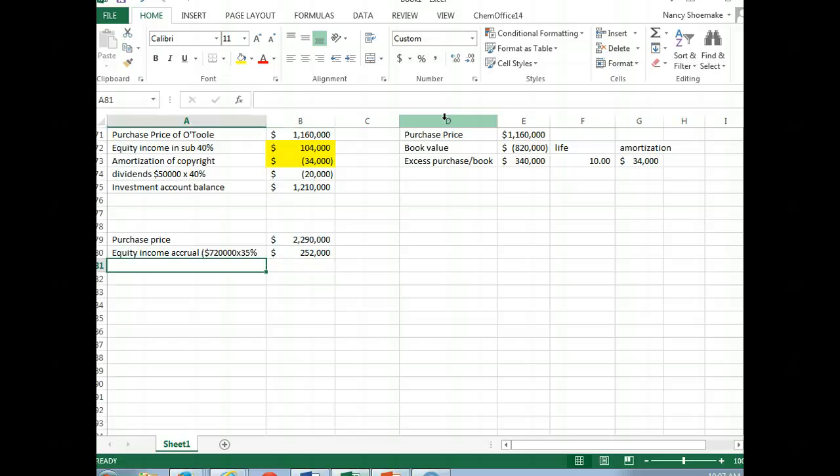Then we have an OCI loss of $100,000, and our share is 35%, or 35,000.